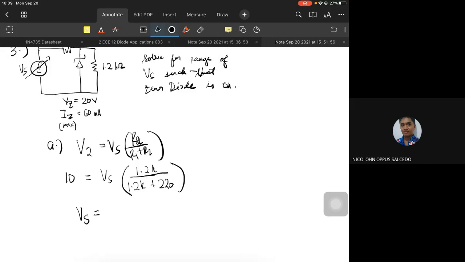Yan si Vs. 10 divided by 1,200 over 1,200 plus 220. 11.83.